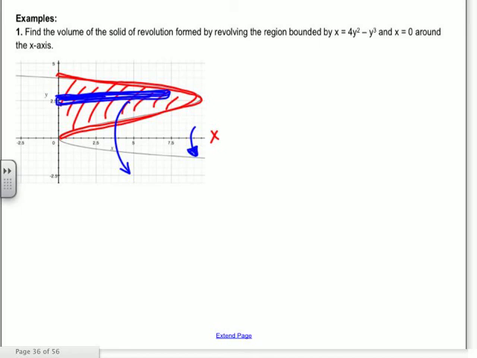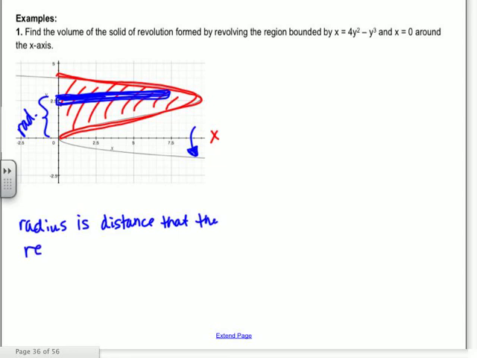So we need to talk about the height of the rectangle and the distance that the rectangle is away from the axis. That's called our radius. So the radius is the distance that the rectangle is from the axis of rotation.